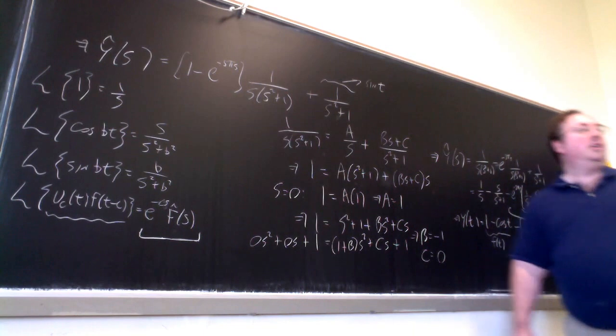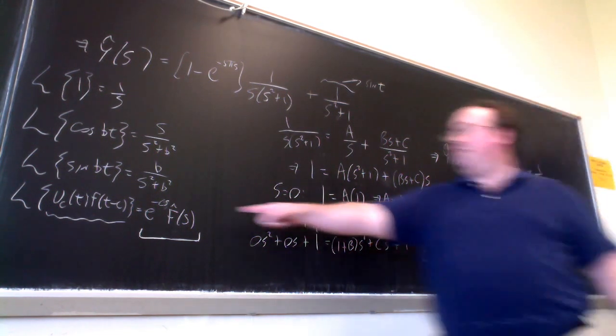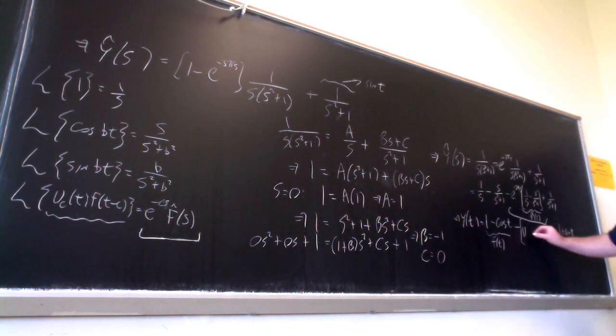u. Just 3 pi. Just 3, because notice there's a minus here and a minus here. Okay, u 3 pi. Is it f of t plus 3 pi?